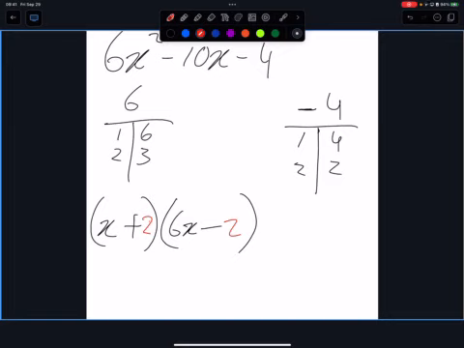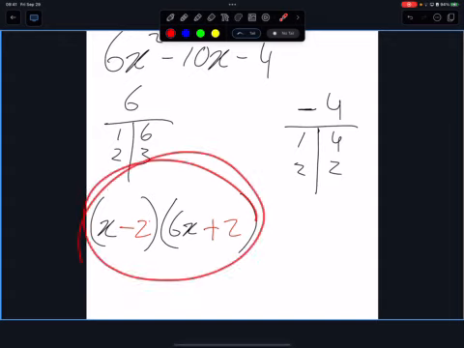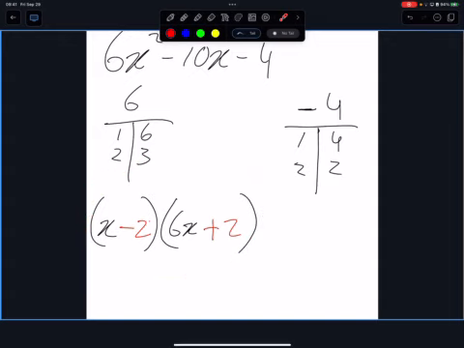So it's 10x. I don't need positive 10x, I need negative 10x. So you swap. Oh, wait. You can swap this as well. Now you have minus 12x plus 2, and that is the correct answer. Like this. You can swap the operations as well.